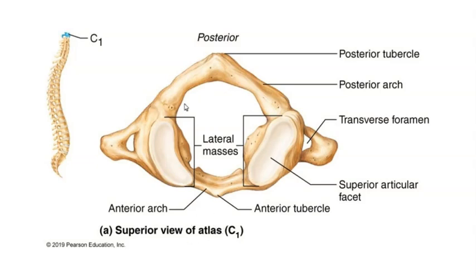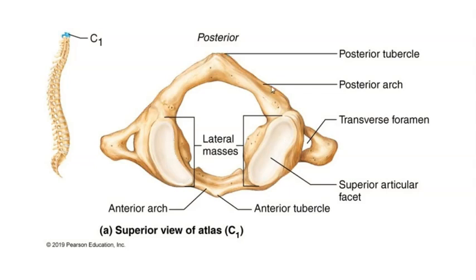So this is a highly modified vertebra compared to the other cervical vertebra. You notice that it has no body, so toward the anterior side, this is where the body would be. There's no body on it. Towards the posterior side, there would typically be a spinous process, but we do not see a spinous process on it.